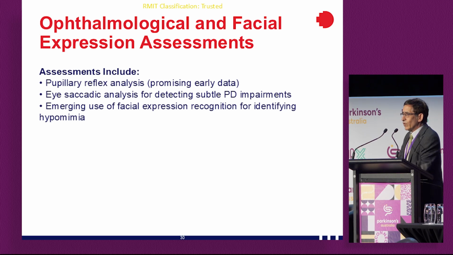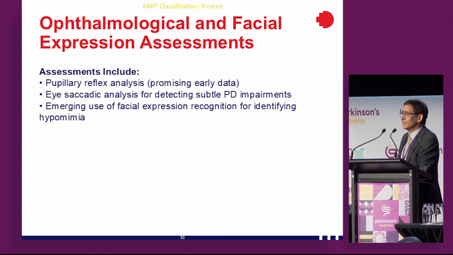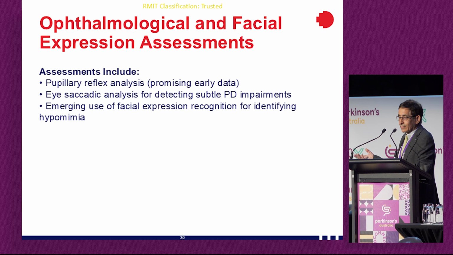The other factor we've been looking at is ophthalmology. This is relatively new and recent. As I mentioned to you, the pupillary reflex is a relatively recent discovery, and it is autonomic, which means that, of course, even if the patient doesn't want to participate, we can still do it, but that's not the only reason.